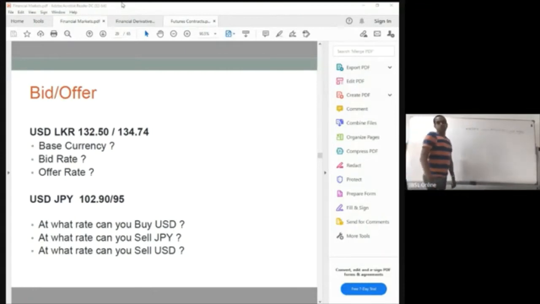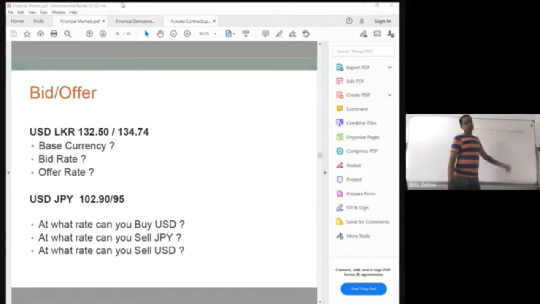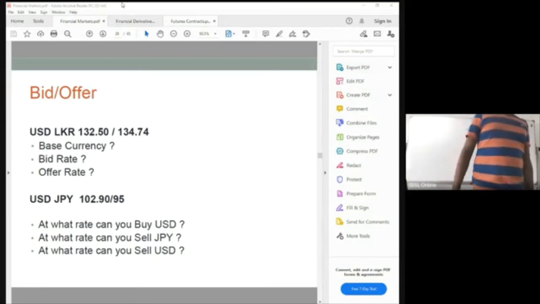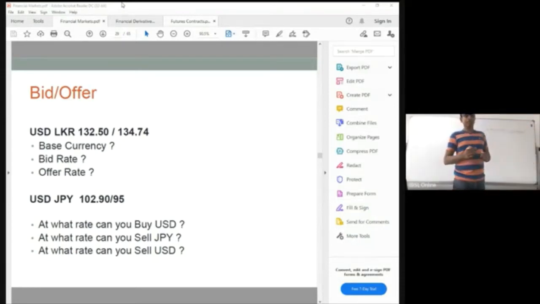So what has been given are the pips 102.90. 95 means it's 102.95. But in the previous example, it says 132.50, 134.74. Now, if that is the case, you can't give 50.74. Why? Because the big figure is not the same. Two different big figures now, 132 and 134, right?